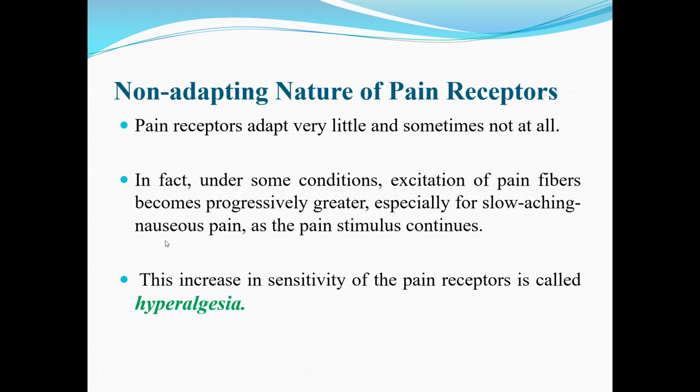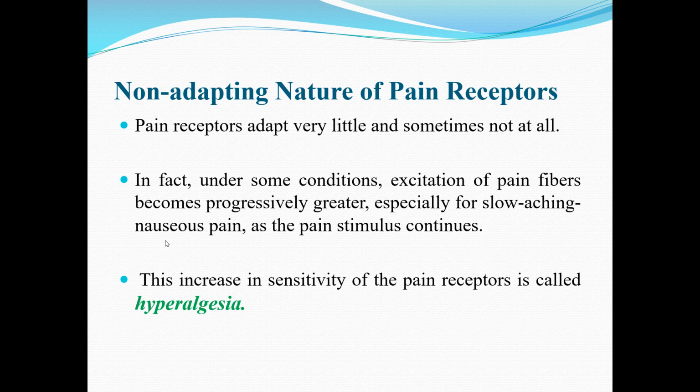So under some conditions, the excitation of pain fibers becomes progressively greater, especially for slow aching, nauseous pain, as the pain stimulus continues. And this increase in sensitivity of the pain receptors is called hyperalgesia. Hyperalgesia is quite an important term regarding different scenario type questions which can come in your SCQ portion.